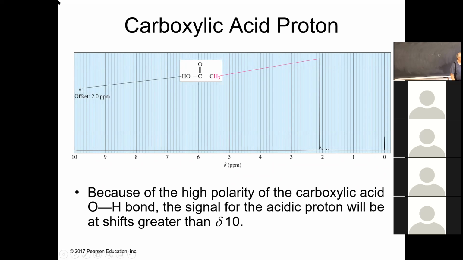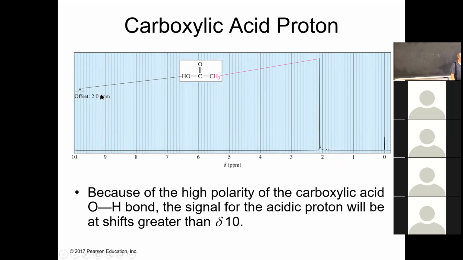Right, so here is acetic acid. Okay, the methyl protons will show up here at about 2.1. And the carboxylic acid proton, okay, you can see it's a broad signal.